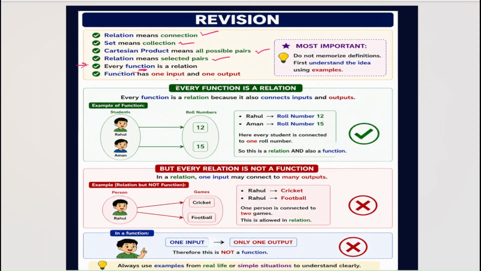But every relation is not a function, because in case of relation, one input can have one output and also multiple outputs. Every function is a relation, but every relation is not a function, right?